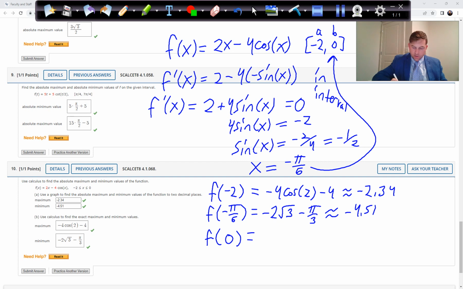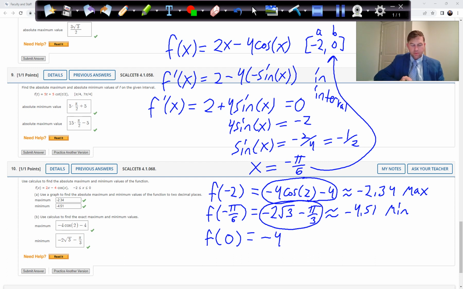And when you plug in 0, you'll get -4. Now this is clearly the smallest, and this is actually the biggest. It's the least negative. So you'd have this is your maximum, and this right here is your minimum.